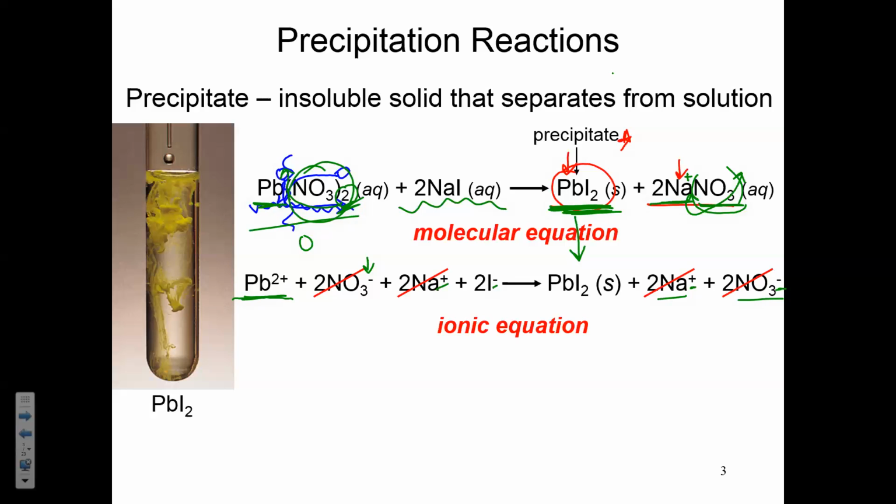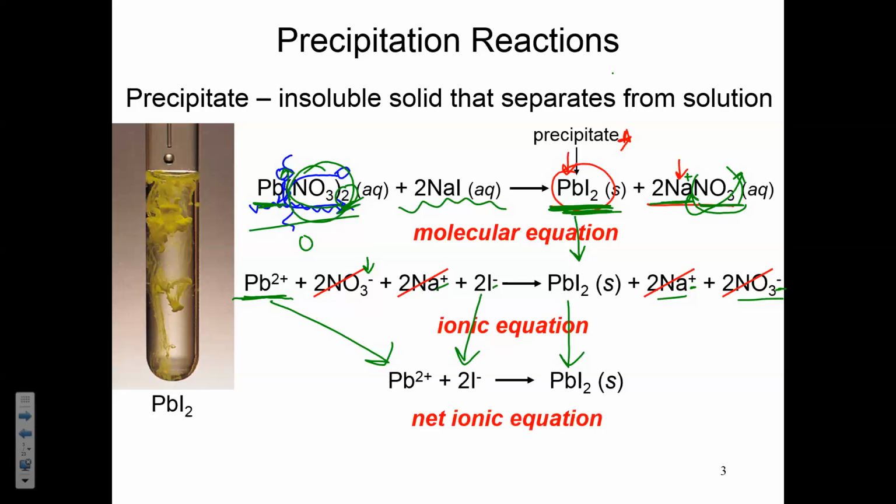Now, nothing else is identical, so we can't cross anything else out. So we're going to bring all of those down. Okay, so here I brought my Pb down, I brought my I down, and I brought my precipitate down, and that changes the entire equation. And doing this gives me my net ionic equation.